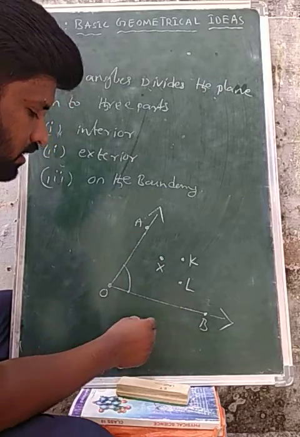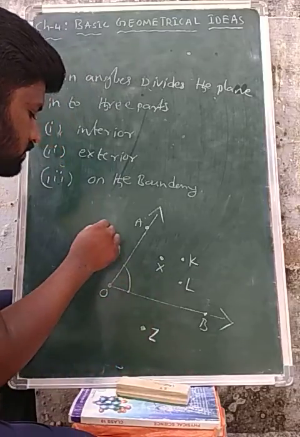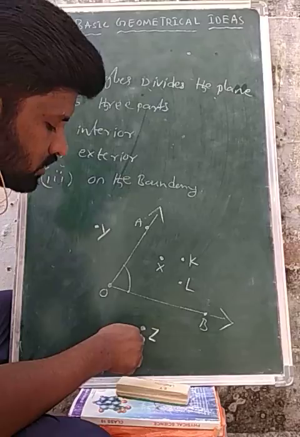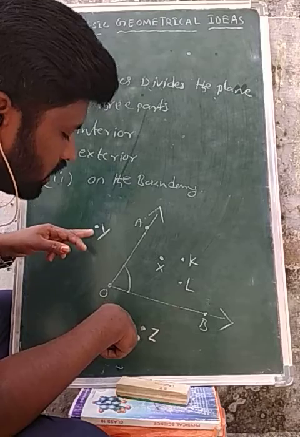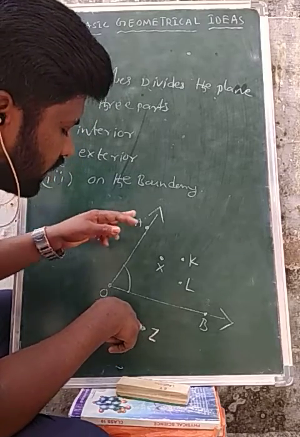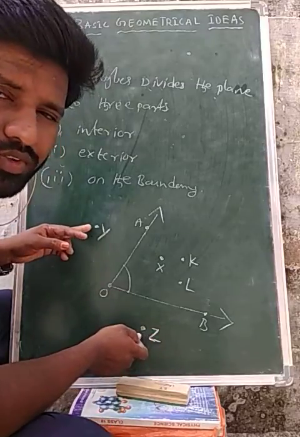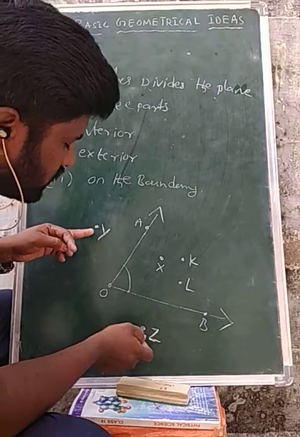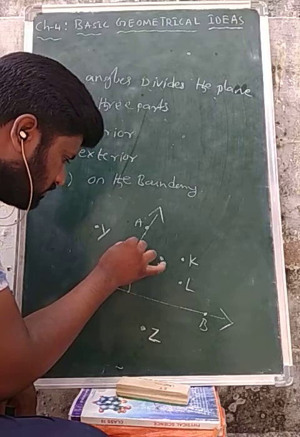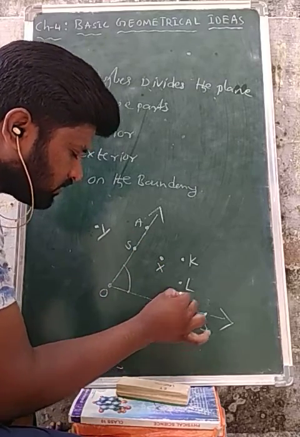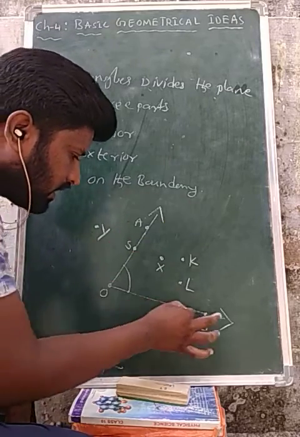And I'm writing some points here, point Z and point Y. These two are completely outside of angle AOB, so we call these exterior points of angle AOB. And I'm writing some points on the boundary of angle AOB, exactly on angle AOB.